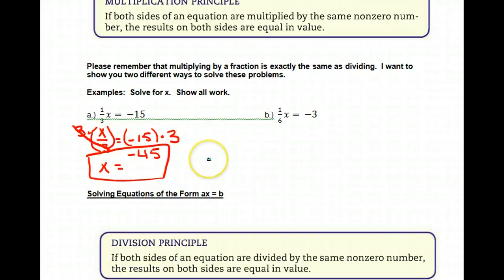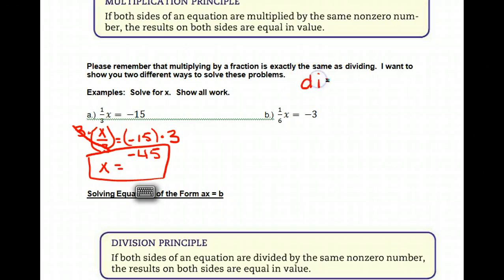Now, letter B. The second way that I want to show you that involves these fractions is that I want you to remember that I said that multiplying by a fraction is the same as dividing. And when we divide by fractions, let's think back to our dividing by fractions rule.